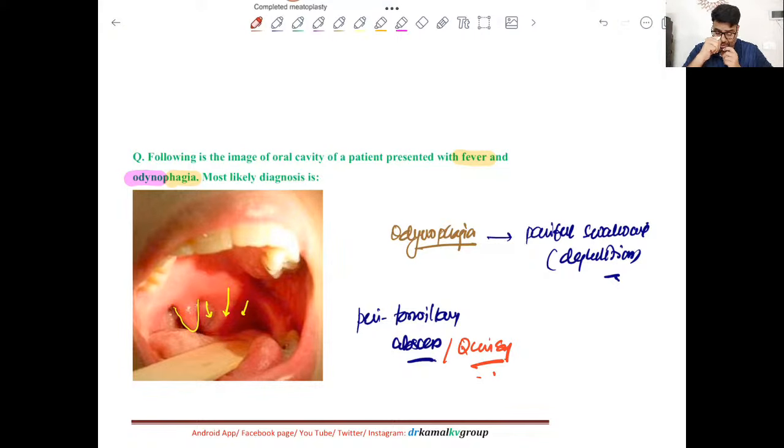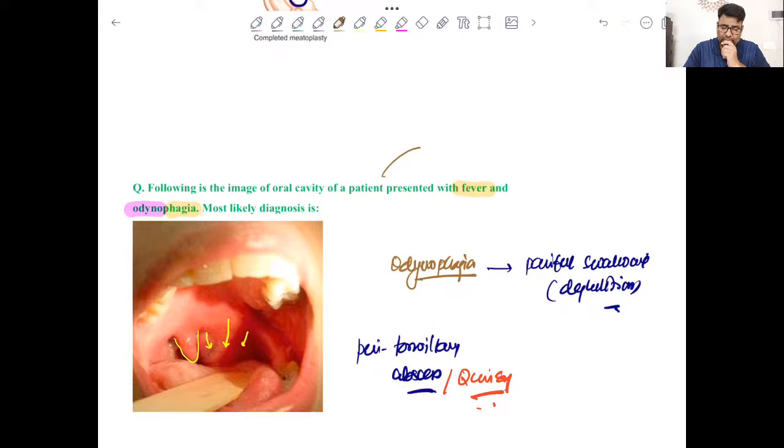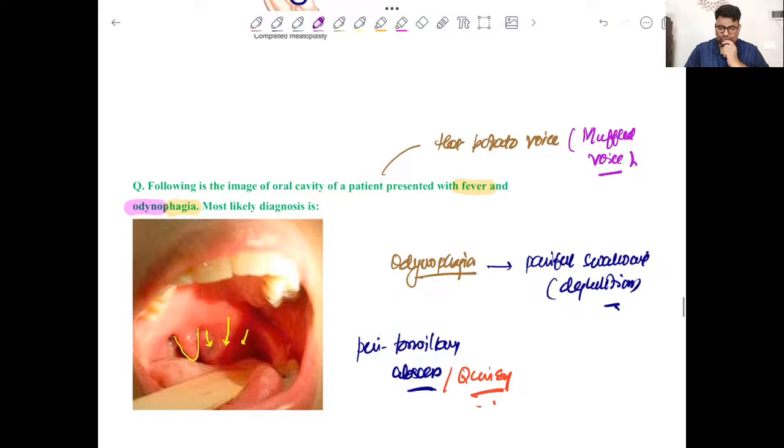Okay, so this is a classical case of peritonsillar abscess, which is also known as quinsy. And here there is one more important symptom or feature, that is hot potato voice. So please just add this word as well, or you can say the muffled voice, right? So this is classical of peritonsillar abscess, also known as quinsy.